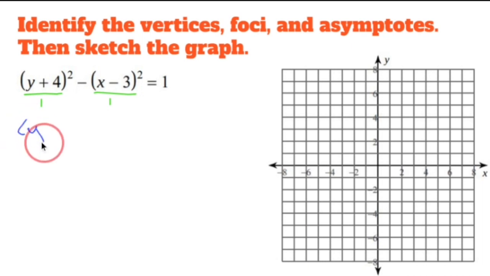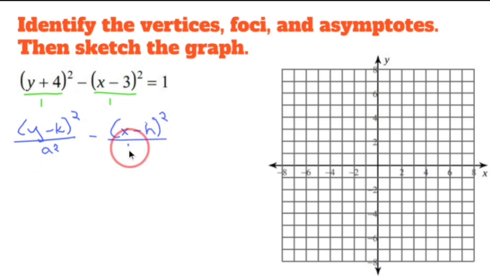So we're going to compare it to y minus k squared over a squared minus x minus h squared over b squared equals 1. The center is h, k as usual, but oh friends, be careful.